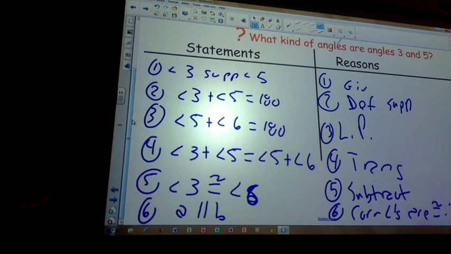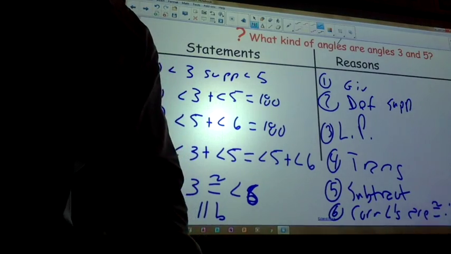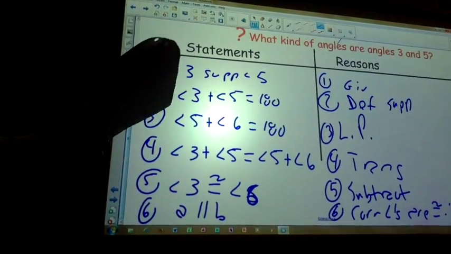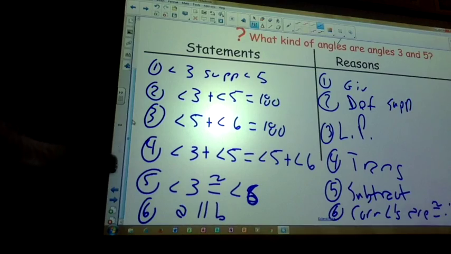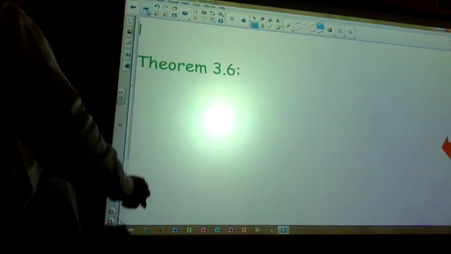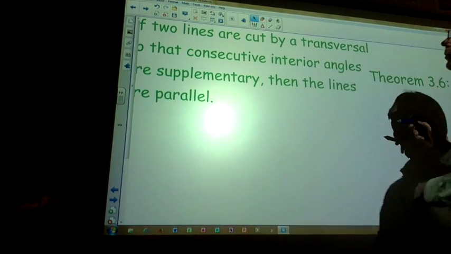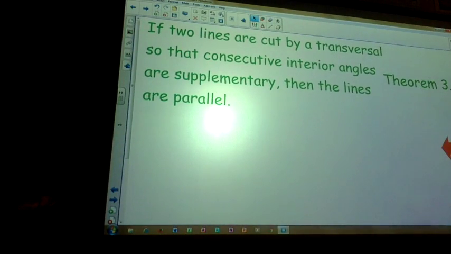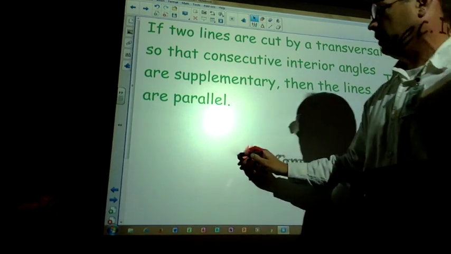Dude, this is so cool. Where am I at on this sheet? Are we down almost to the bottom of the second page or third page? Down at the bottom. Oh, sweet. All right, there, 3.6. If two lines are cut by a transversal so that consecutive interior angles are supplementary, then the lines are parallel.